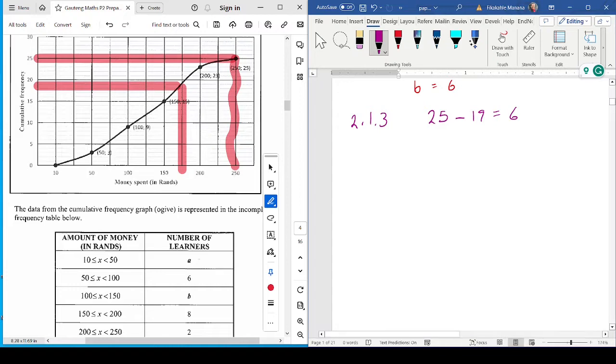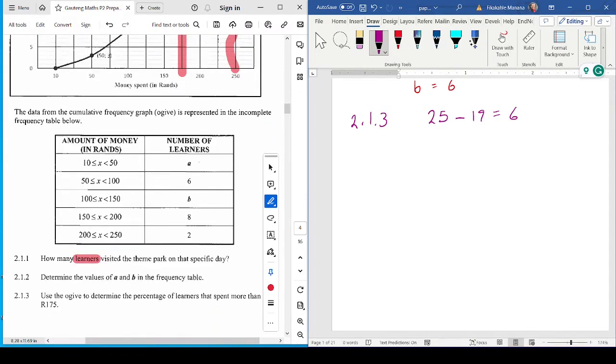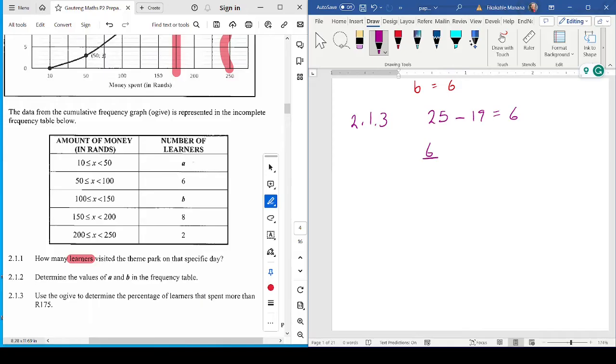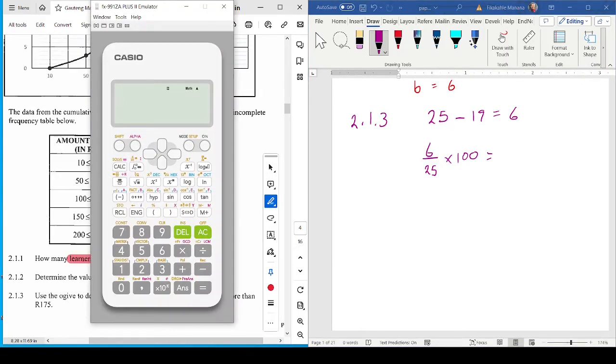So 6 learners spent more than 175 rand, out of a total of 25. Because we want a percentage, we multiply by 100. Let's get our calculator. So it's 6 divided by 25 times 100, and we get 24%.